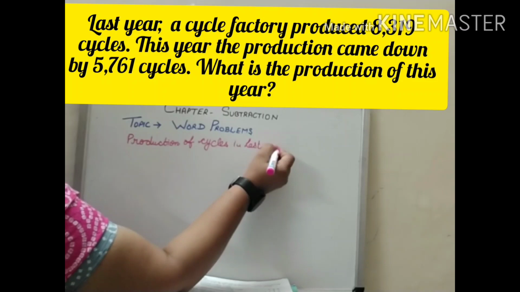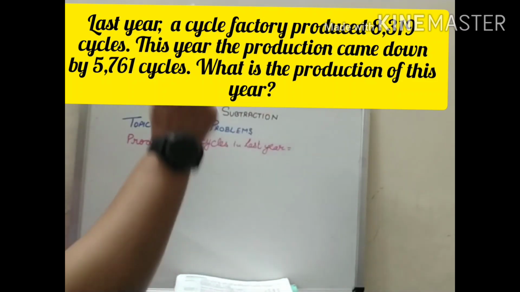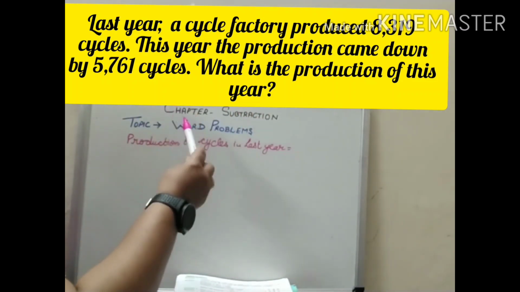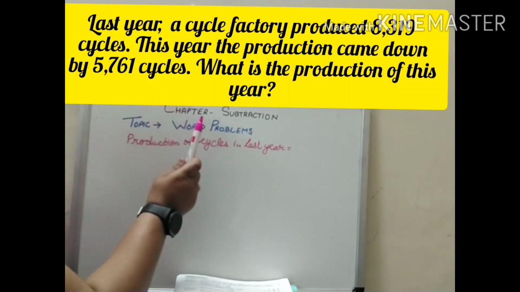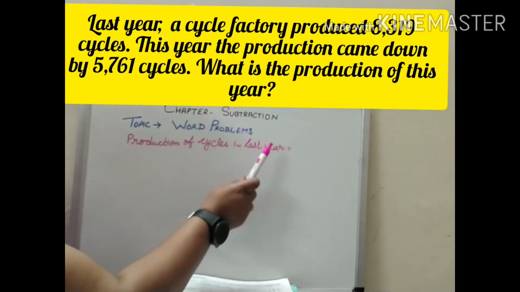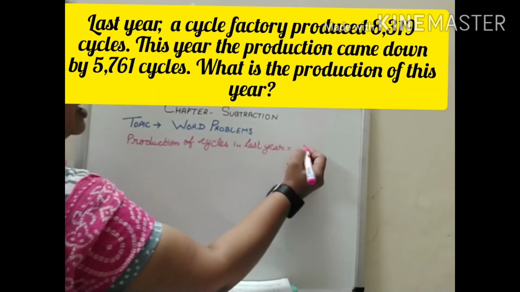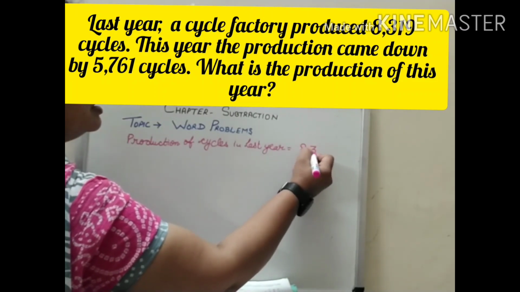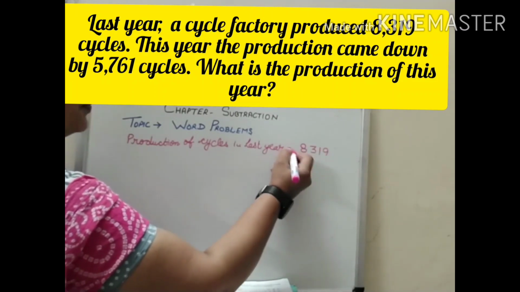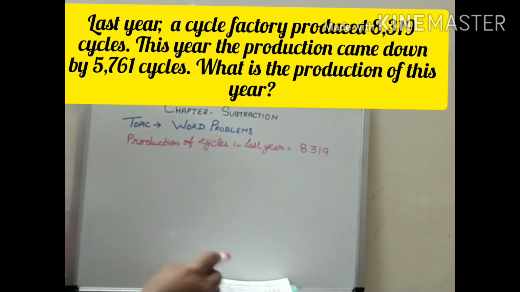Okay children, or you can simply write the statement from the question. A cycle factory produced cycle is equal to 8,319. Okay, now next line is, this year the production came down by.